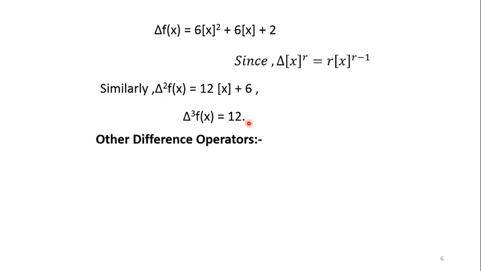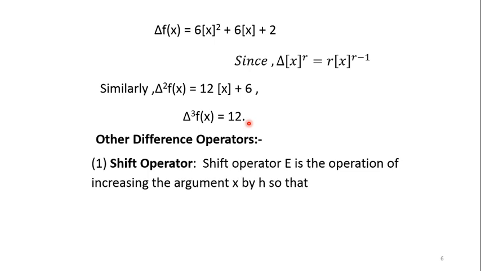Let me consider the other difference operators, which are useful whenever you have to find higher order forward difference or backward difference values. You can apply the shifting operator. The first operator is the shifting operator E, the operation of increasing the argument x by the common difference, so that E of f of x equals f of x plus h.